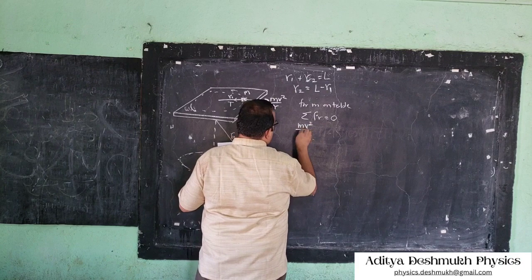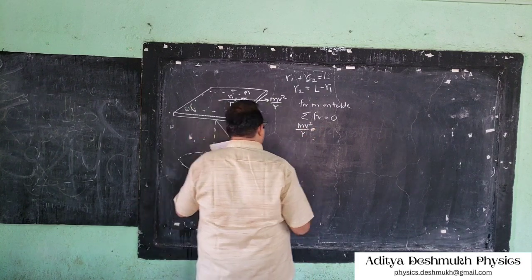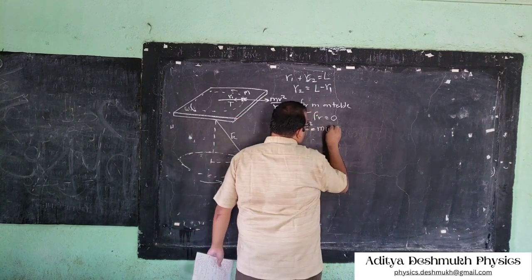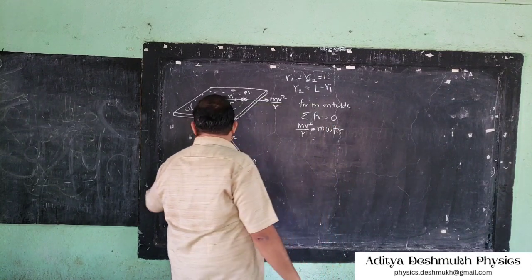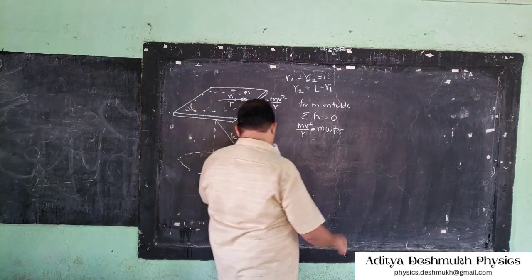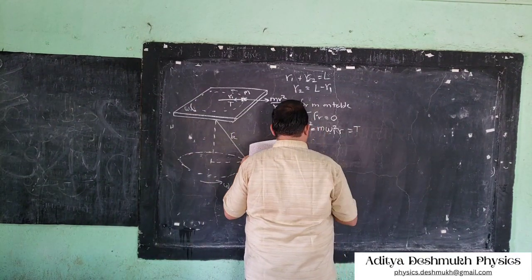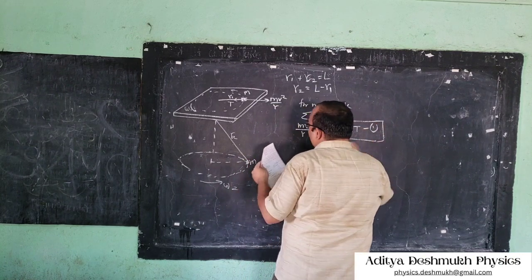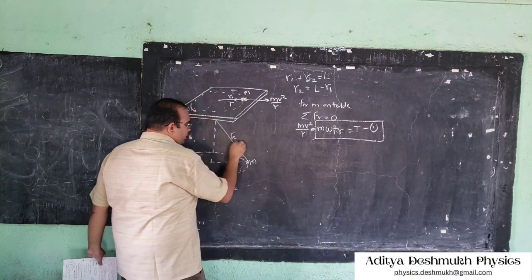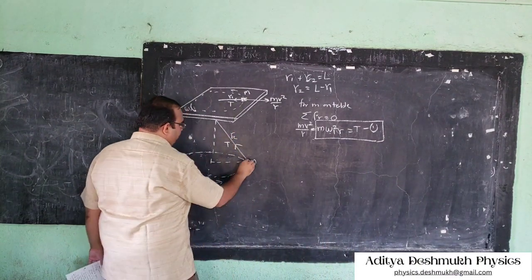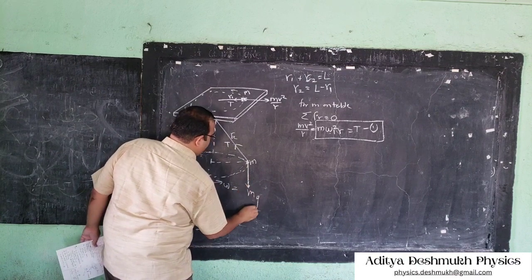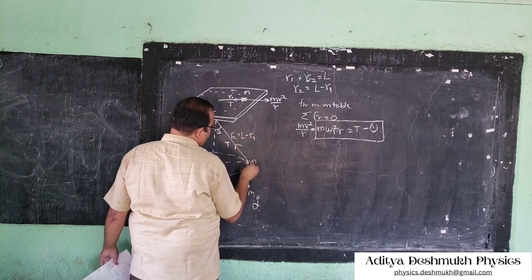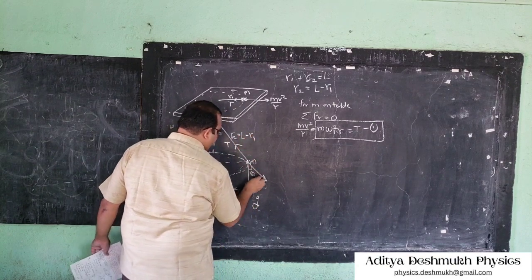So m v square by R, or we can also use m omega 1 square R, will be equal to T. So this is my first equation. As the string is the same, this tension will also be T, but now if this is mg and this is theta, then this angle will be theta.